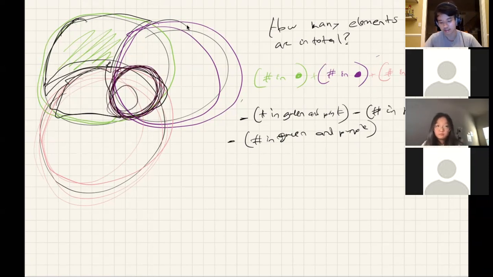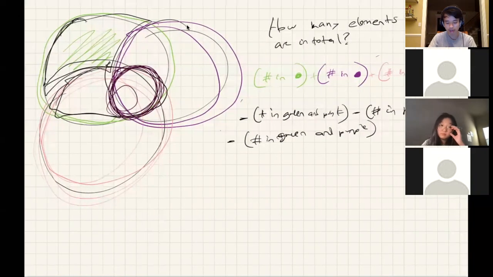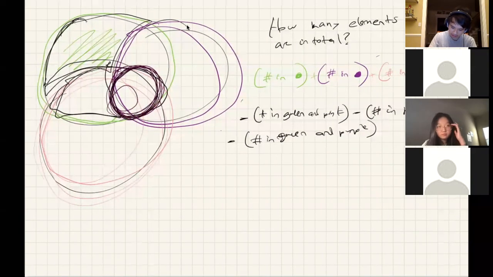That's this center intersection. How many times have we counted each element here? Each element in this part of the Venn diagram is counted once by the green circle, once by the purple circle, once by the pink circle.